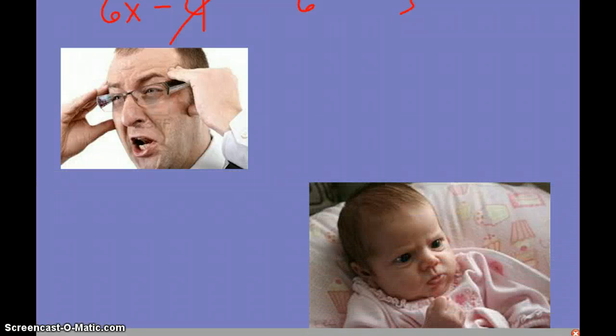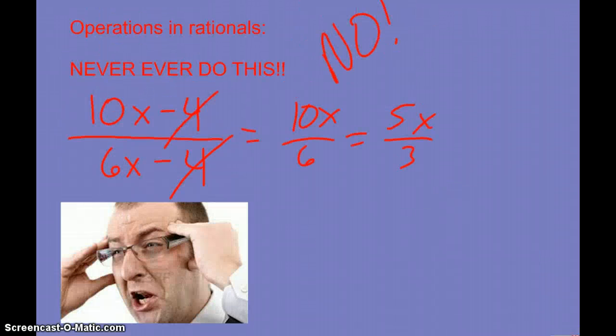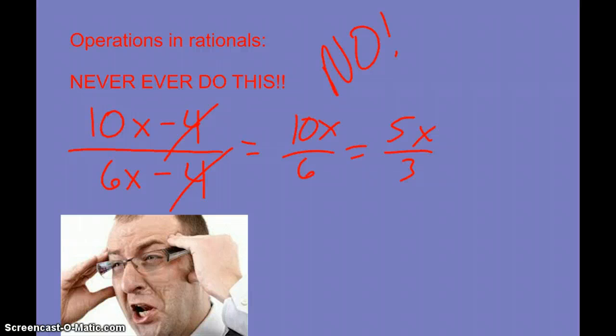It is such a big mistake to cross off the -4 that you even make a baby angry when you do that. I mean, look at that face. You do not want to make the baby angry. So we never, ever, ever do this. We never cross off -4 over -4 and say that can cancel out. That is never, ever the case. Do not use that rule.